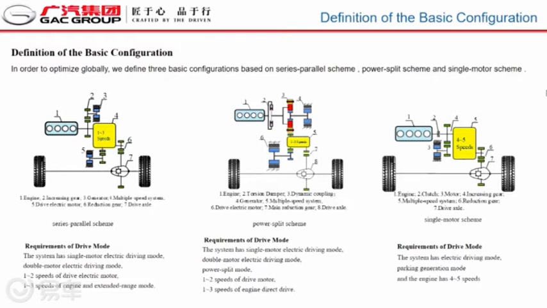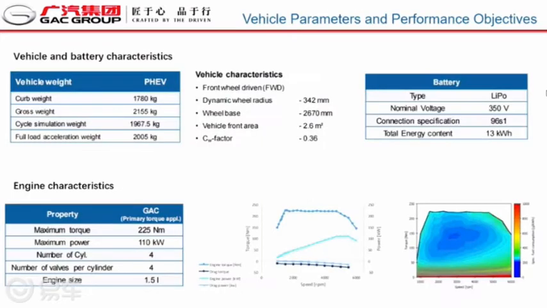This scheme includes single motor EV, double motor EV, power split mode, 1 to 2 speeds of EM2, and 1 to 3 speeds of engine. The third basic configuration is the drive mode, which includes single motor EV, and the engine has 4 to 5 speeds.